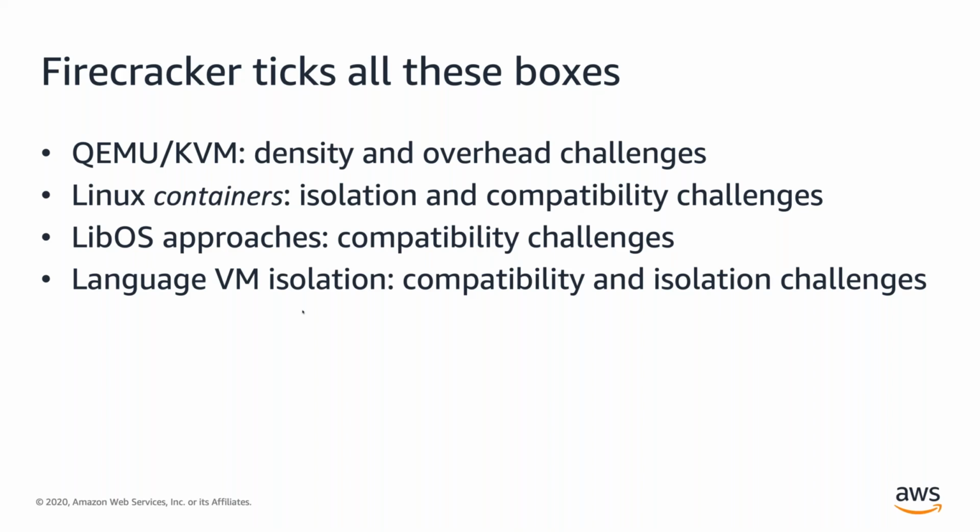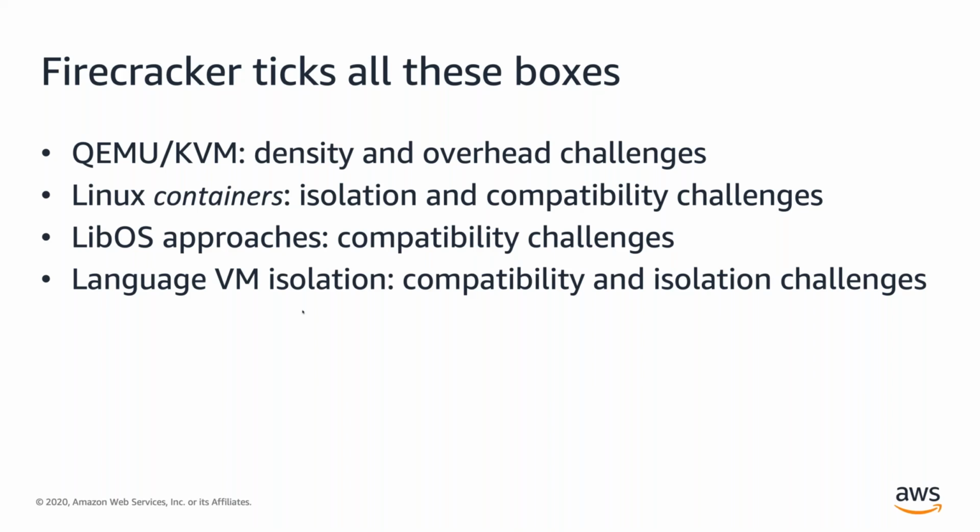Linux containers, which are normally the solution or the common solution in this space, had isolation challenges and compatibility challenges. Isolation, we didn't think the security model was strong enough for our customers, and compatibility, we wanted to make sure that all software ran on this platform.